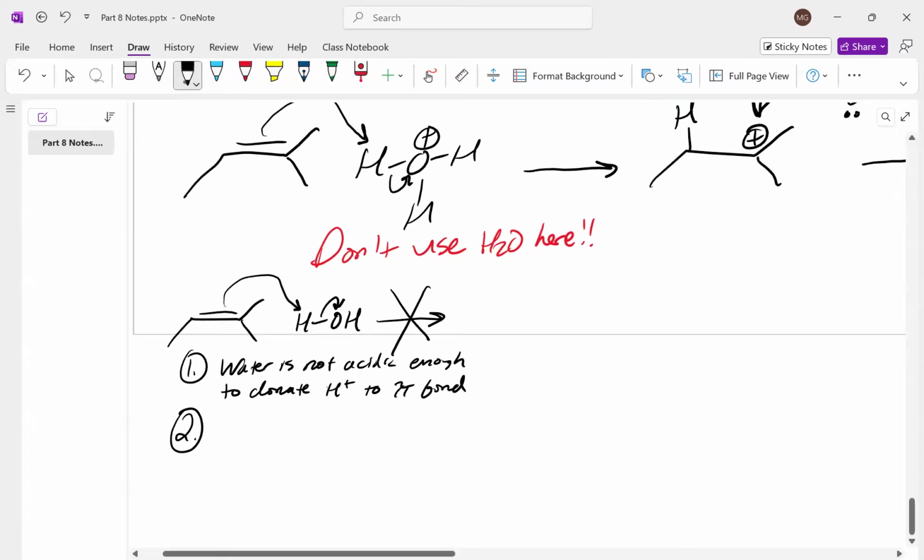Secondly, let's just say you could do it. The result of that would be OH minus. Well, if you're doing this in acidic conditions, OH minus can't exist in acidic conditions.